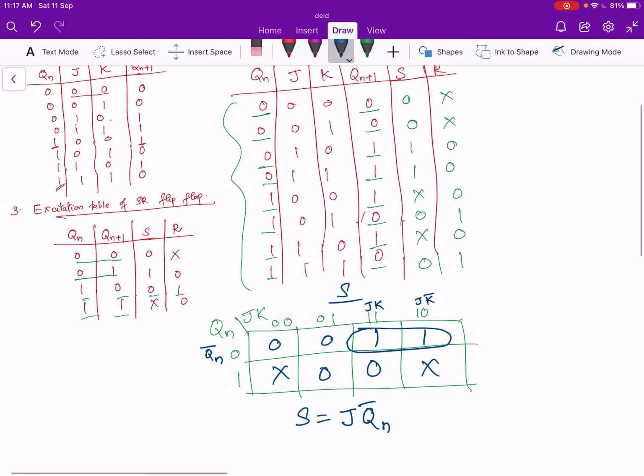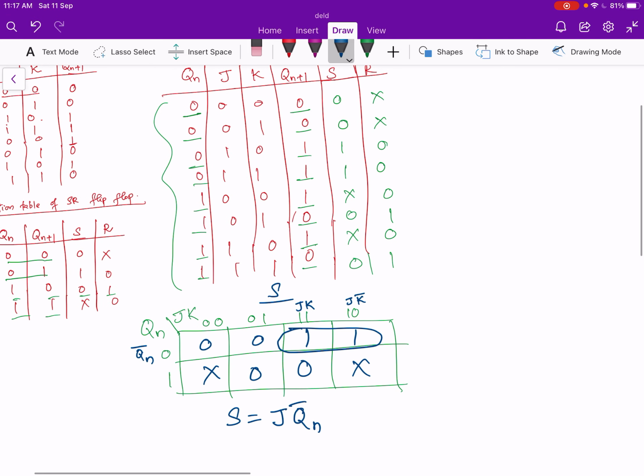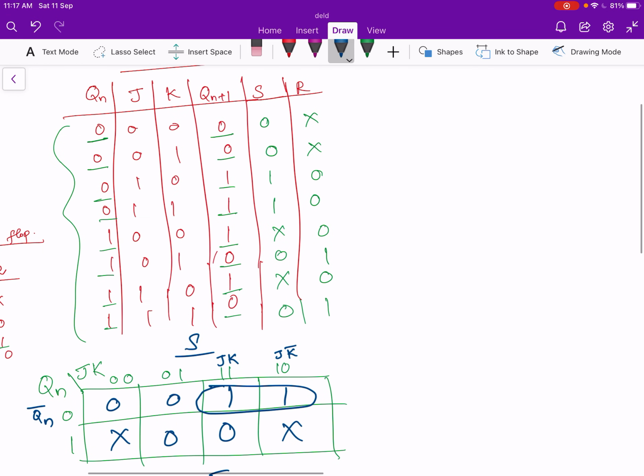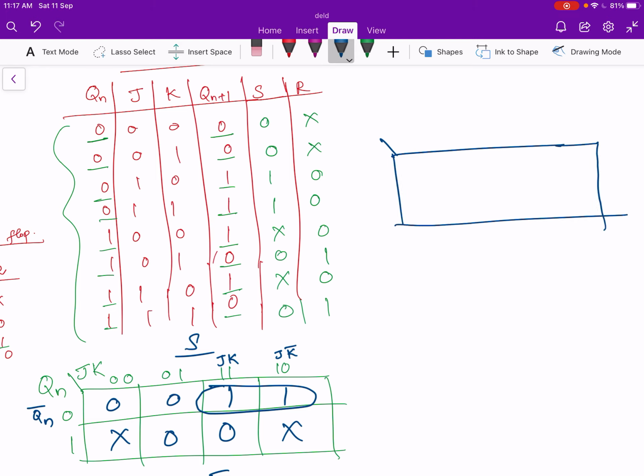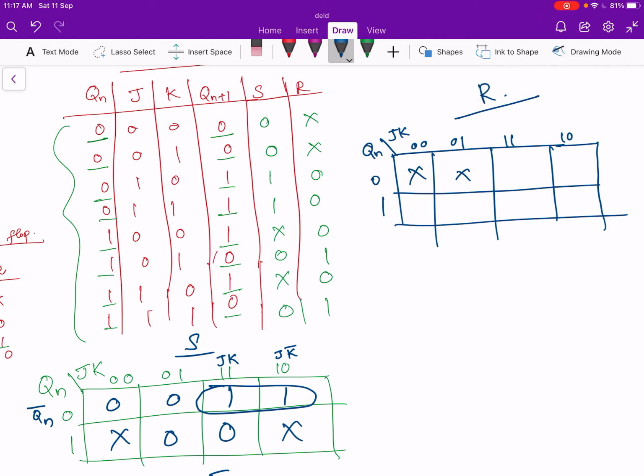And now we can draw the kmap for R. This is Qn and this is J and K. Kmap for R. So we can mark the entries.